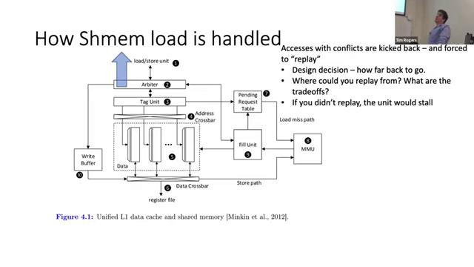And if I didn't replay, then my other option is stalling, which means everything behind me just waits, which is bad because there might be other stuff in flight that could still use these resources. Questions on this? Makes sense? Have you heard of replay before this? I think we do replay in 565, maybe a little bit at least, cache replay. So we're going to do that even for conflicts here on the shared memory, because fundamentally, you're going to need multiple cycles to do this. Questions?